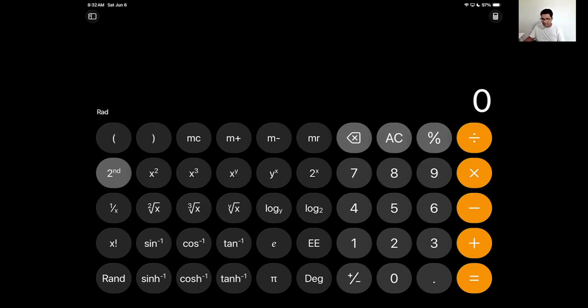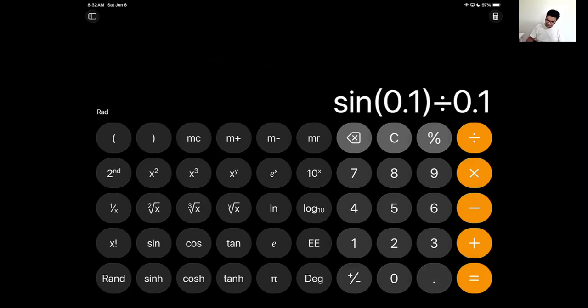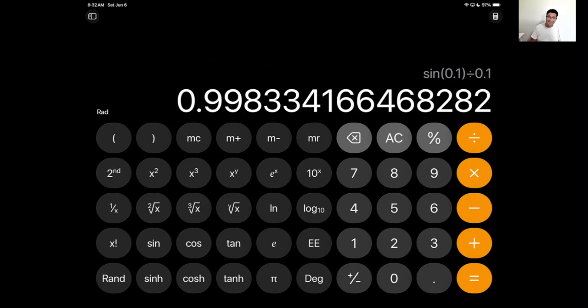Here I have opened the calculator in radian mode, and I'm going to look at sine. We are getting close to 0, right? So 0.1, let's say, sine of 0.1 divided by 0.1. That's 0.998. You might already make a guess here.